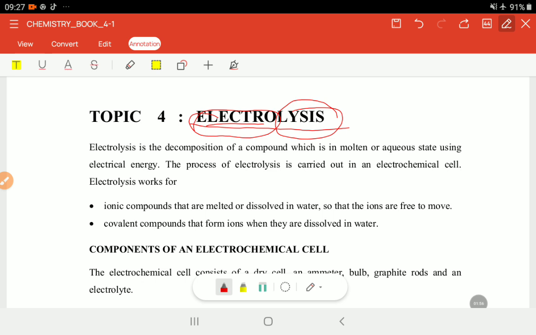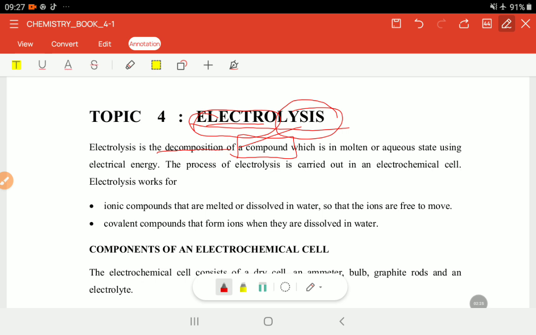By definition, we're looking at the decomposition, because decomposition comes before the lysis. So this is the decomposition of a compound, and any compound can decompose with the aid of electricity.